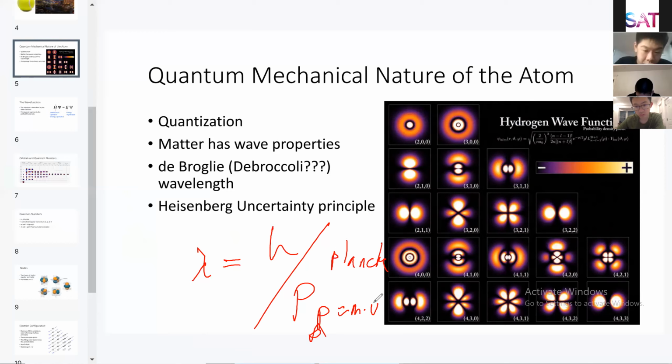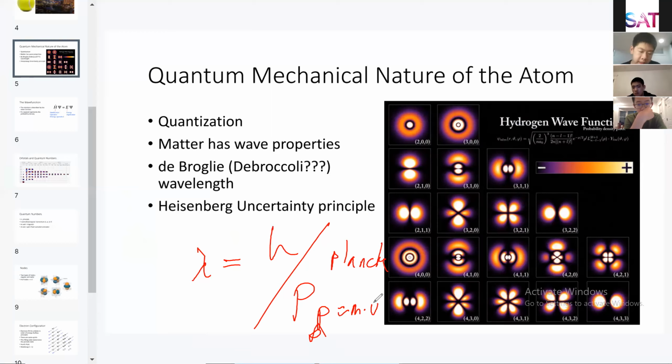Okay. And why is this important? Planck's constant is equal to 6.626 times 10 to the minus 34 joules times seconds. So it's this incredibly small number, right?